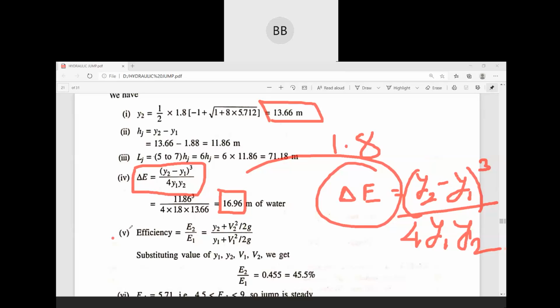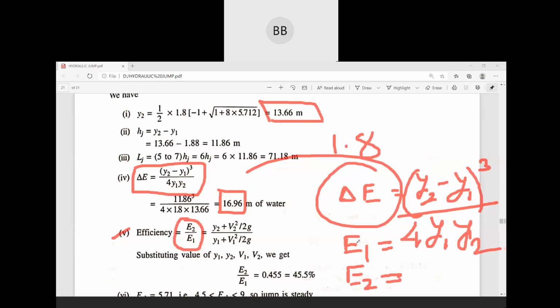So next we need to find out the efficiency. Efficiency is nothing but your E2 divided by E1. That is the specific energy after the jump divided by the specific energy before the jump. In this efficiency part, you first find out the E1 value, and again you find out the E2 value separately, and then you divide.